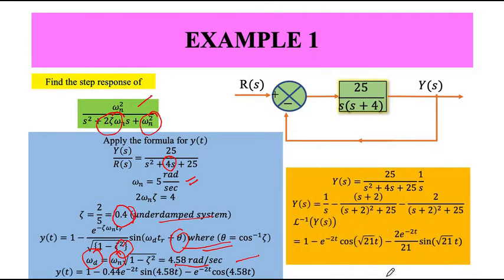Another way to do it is that I know Y(s) is equal to 25 by s square plus 4s plus 25, and I could write this down times the reference value or input, because I am having a step response and its Laplace transform is 1 by s.